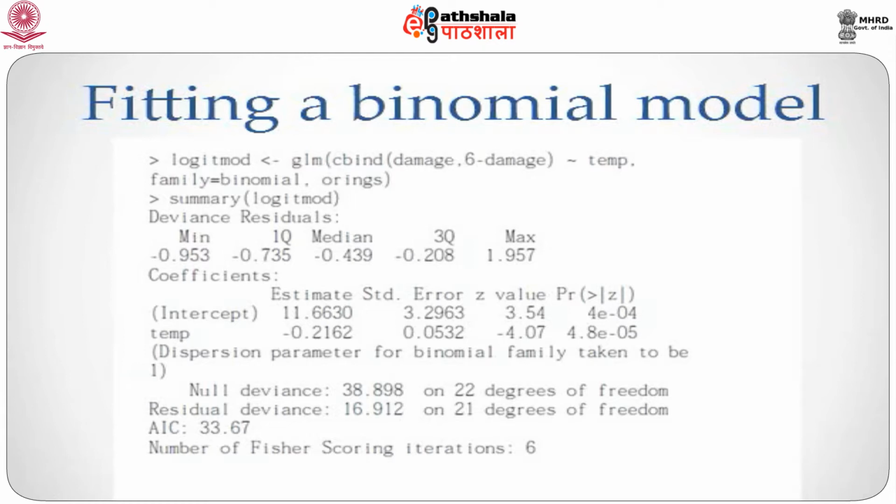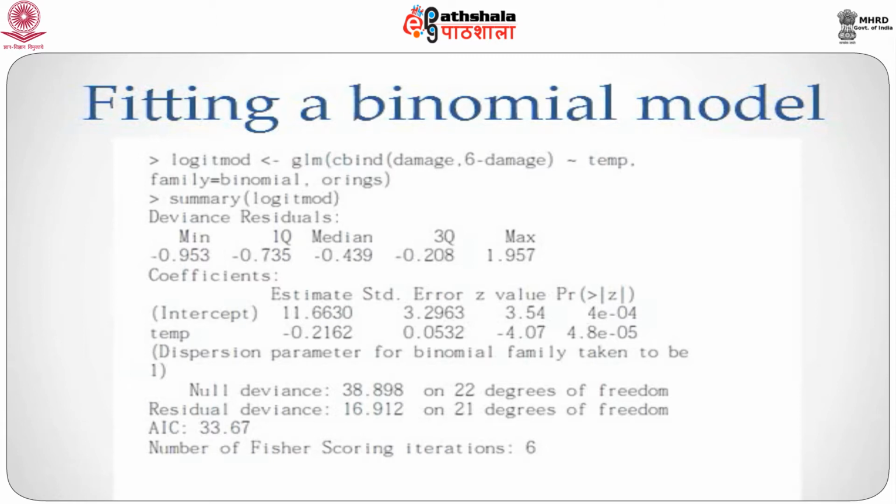Thus, the general syntax is cbind, success, and failure. We then use the tilde and a function which gives the regression model to be fitted. So in this case, we just have temperature as a covariate, and so our syntax is GLM cbind damage 6 minus damage tilde temperature. Family is binomial and O-rings.